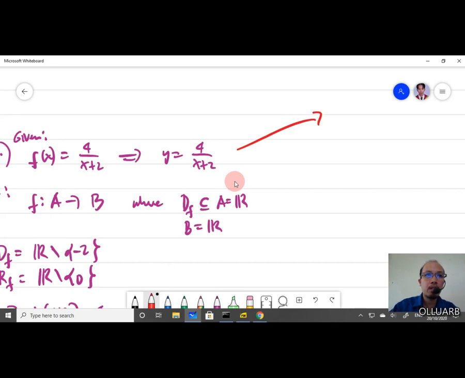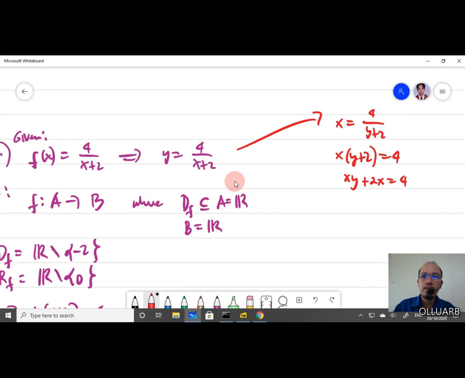all you have to do is to interchange the rule of x and y. Okay, so we have x is equal to 4 over y plus 2. Then solve for y in terms of x. Cross multiply, and then xy plus 2x is equal to 4.